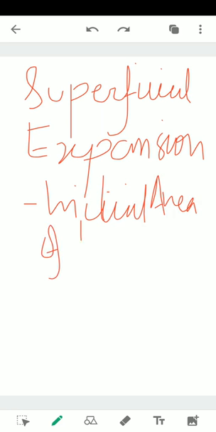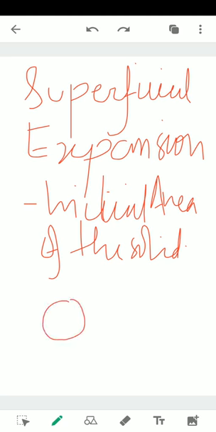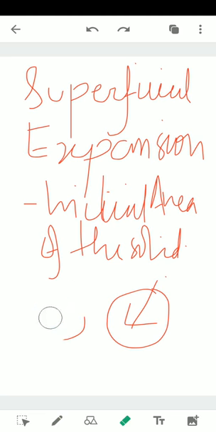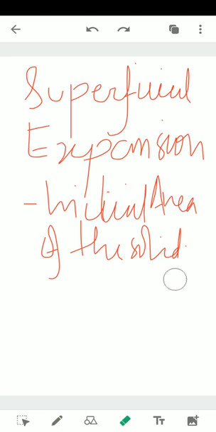Larger the initial area of the plate, more is the increase in its area on heating. If I have a dish something like this, and something smaller, then this will increase more compared to the smaller one. So this is how the area of a certain solid contributes to the expansion.